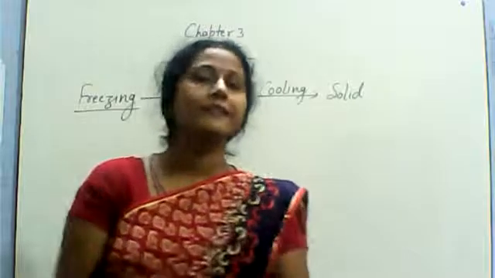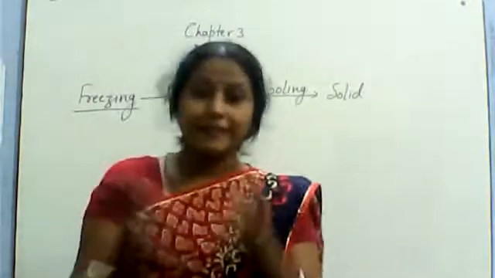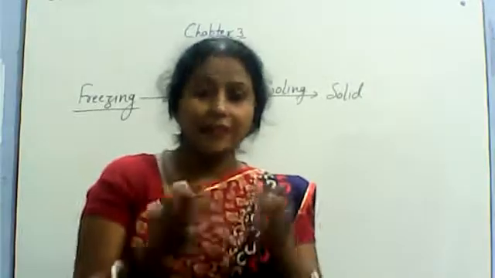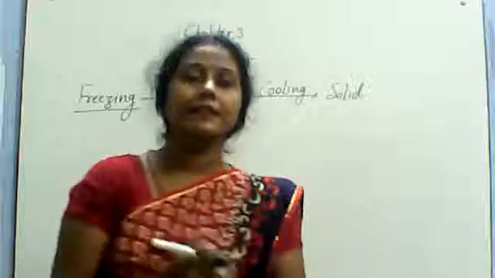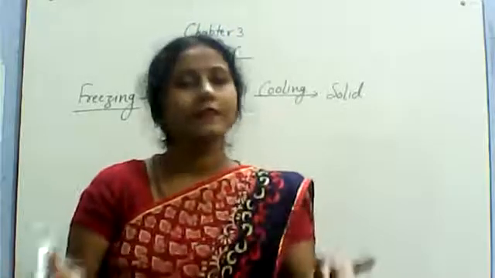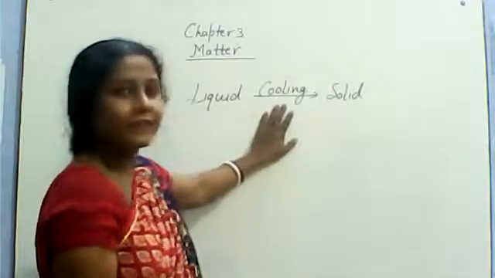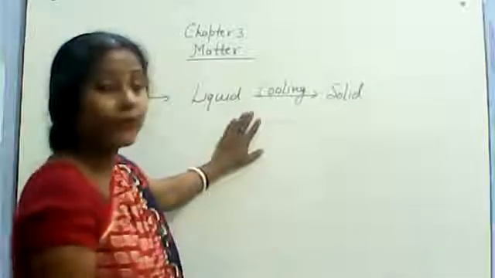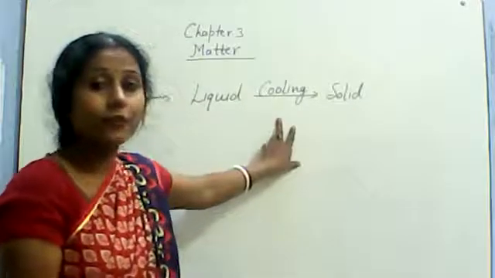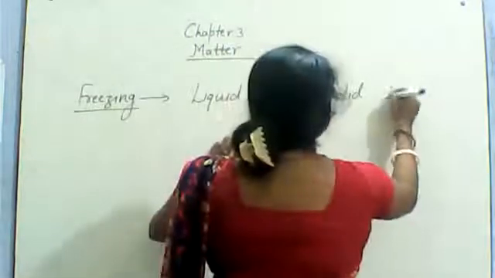In your home, in summer, you are so crazy about making ice. You pour some water in an ice tray and keep it in the freezer, and it becomes ice cubes. That is freezing. You change the liquid state into the solid state on cooling. Heat is released here, so it is an exothermic process.